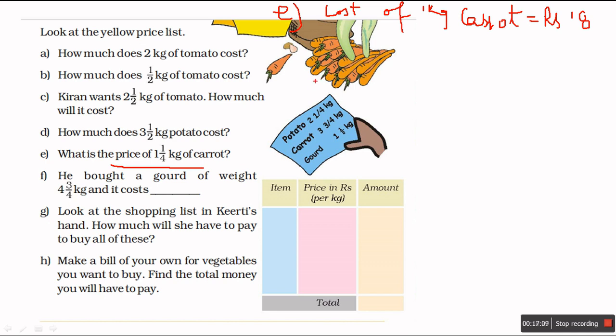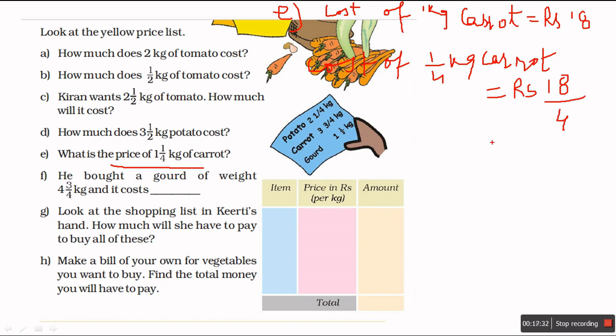So cost of quarter kg carrot is equal to rupees 18 divided by 4. So it will become 4 rupees 50 paisa. Okay, it will become 4 rupees 50 paisa.